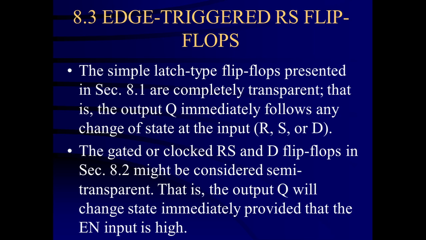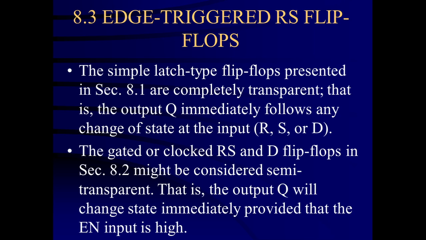And that is the reason it was modified to a gated or clock flip-flop, because when the clock waveform is going to be low, or the clock level is low, then you can change the input, and the output is retained or stored; the output doesn't change.